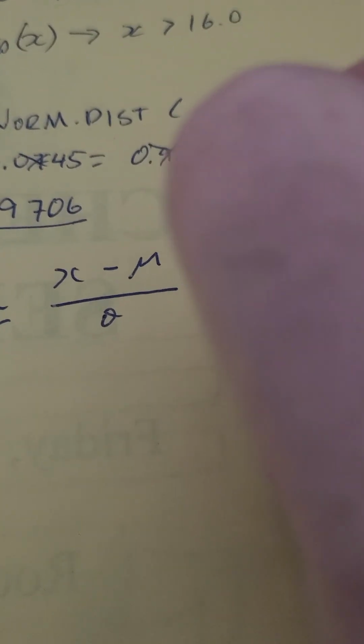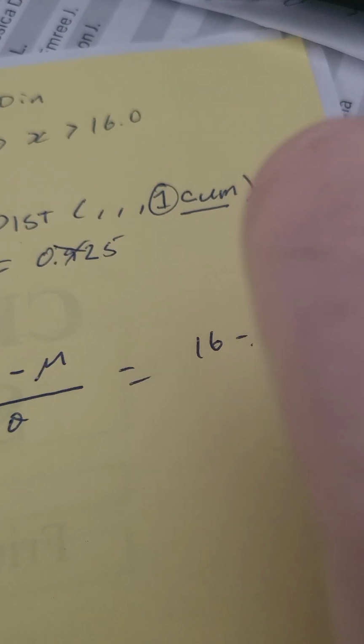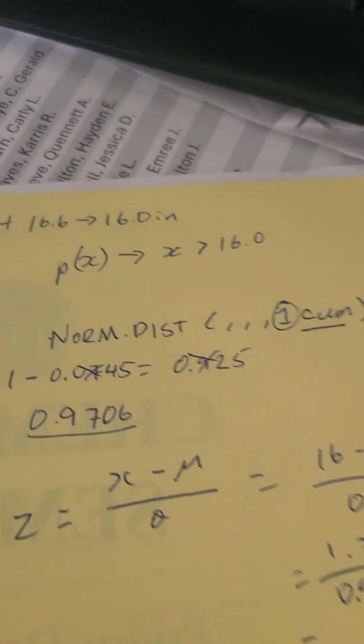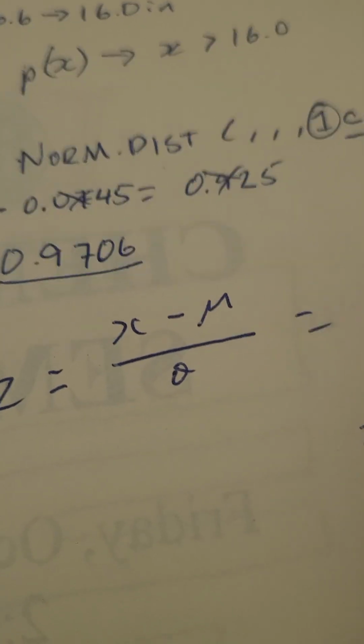X is 16 minus 14.3 over 0.9, and that'll give us 1.7 over 0.9, which gives us 2. What is it? No, that's not 2. It's like 1.89. Okay, so Z equals 1.89.